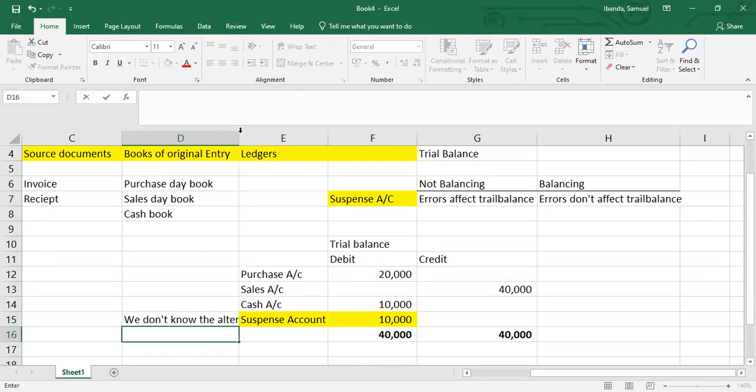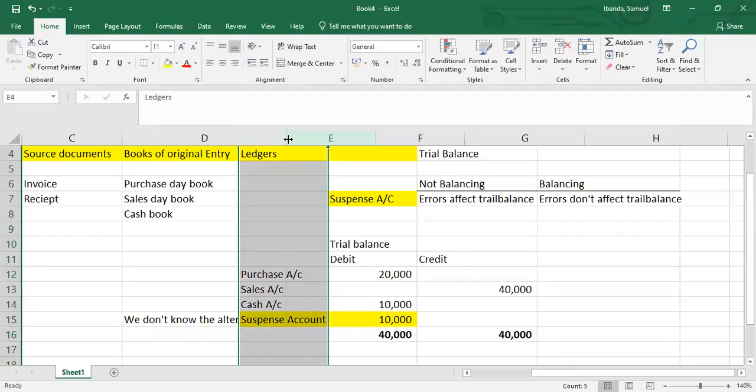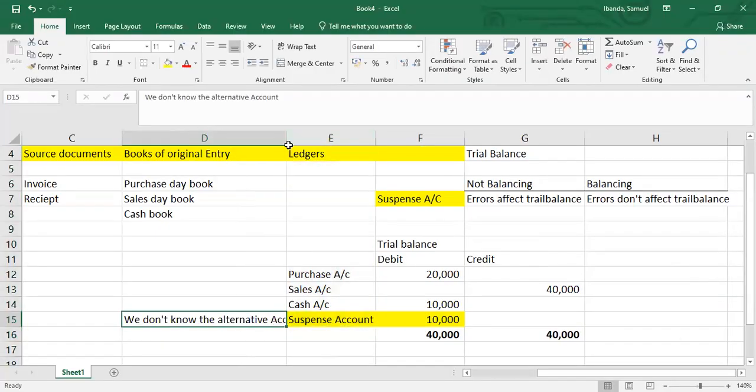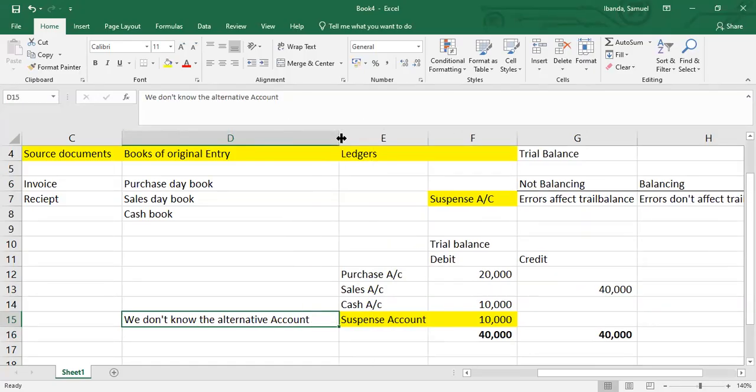What I mean by this is that there are cases, even before you come to the trial balance, where a transaction might happen and you can't tell what the double entry for that transaction is. Of course, if you've done some good study, you may be able to figure this out, but there are many people who really struggle along the way.